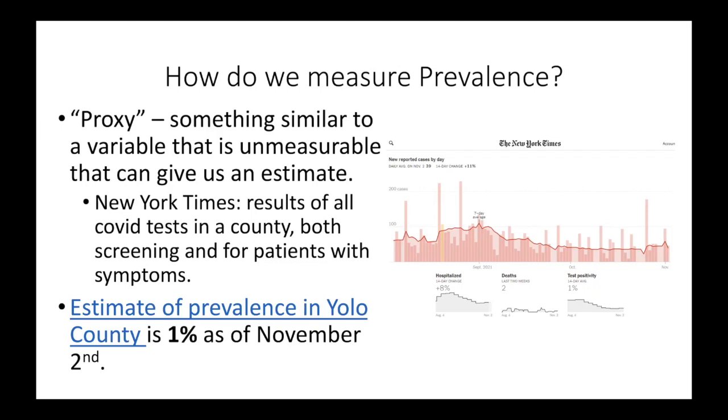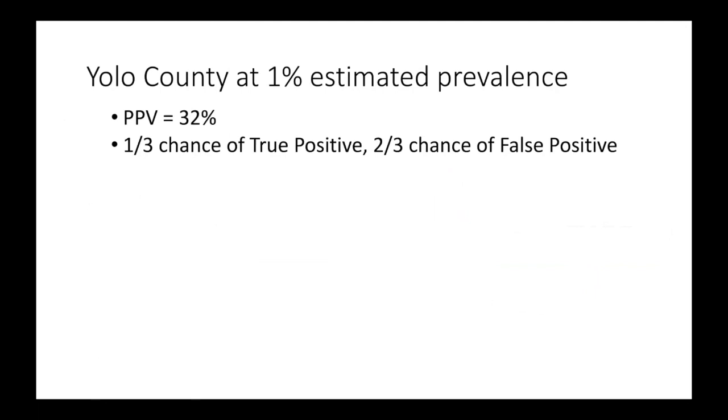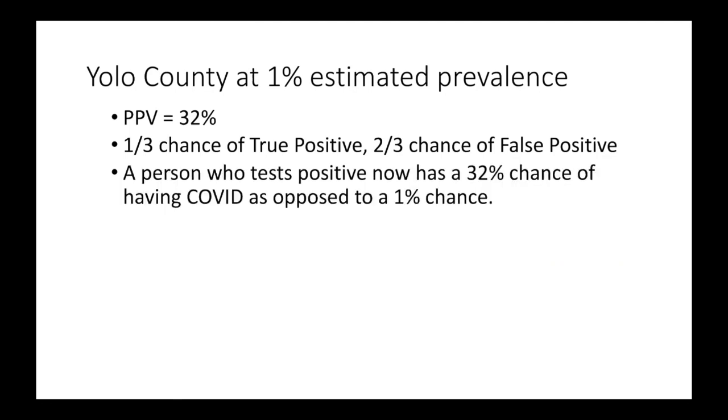That was as of November 2nd. So that would mean the positive predictive value was about 32% based on the old numbers. One third chance of a true positive, two thirds chance of a false positive.